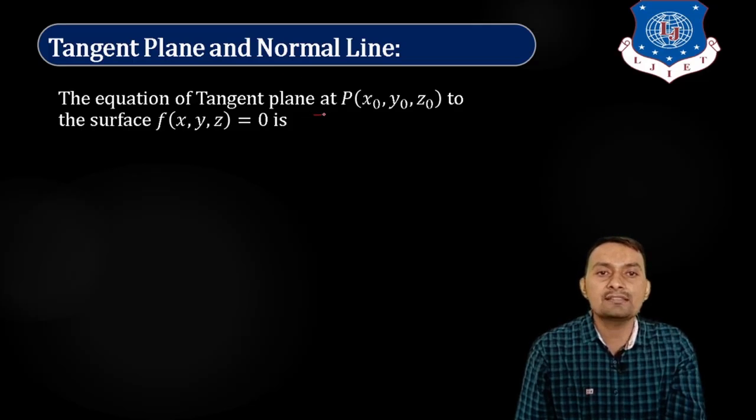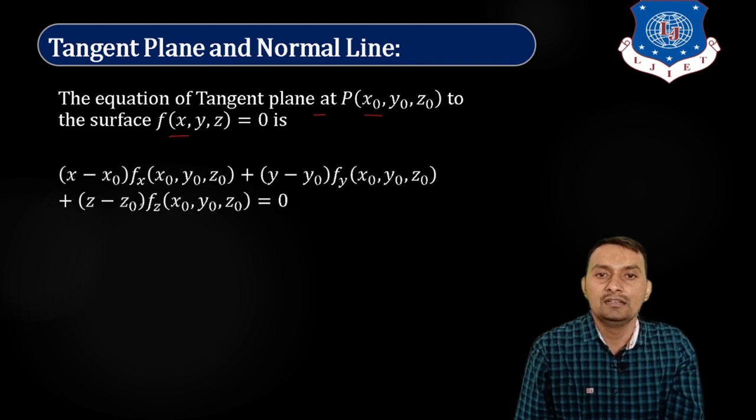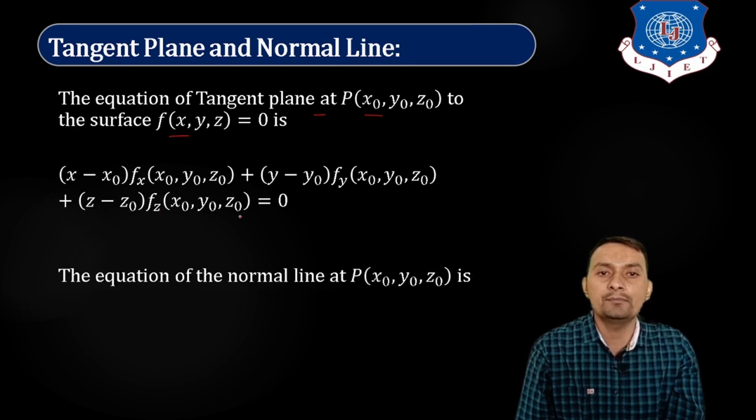The equation of the tangent plane at this point is (x minus x0) f sub x at the particular point, plus (y minus y0) the partial derivative of the function with respect to y, plus (z minus z0) f sub z at the particular point, equal to 0.